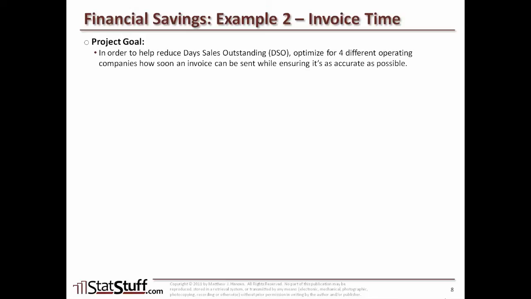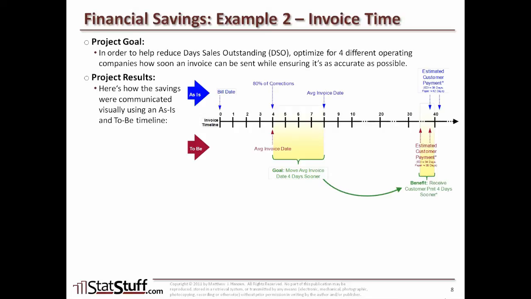The way we communicated the results of the project was a visual illustrating the savings over time. Above this timeline, the as-is had a bill date at day 0, and then we showed, generally off to the far right, the estimated time that we were getting a payment from the customer: anywhere from 38 to 42 days from the bill date.